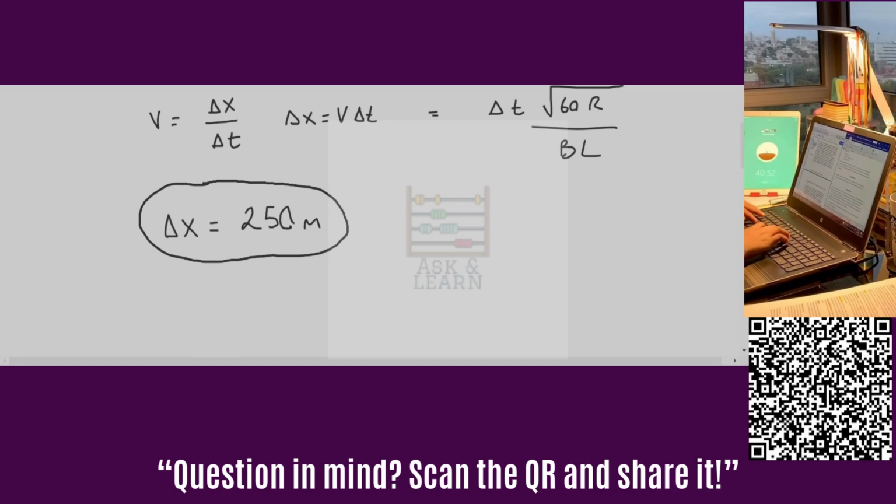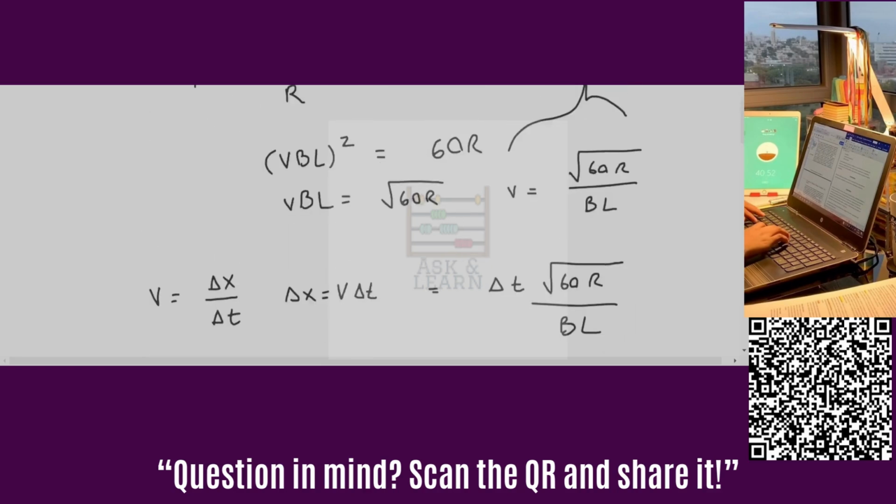And just in case you're curious, V was going to be 500 meters per second. So we'd be moving this bar at 500 meters per second for half a second just to power this light bulb for a half second.